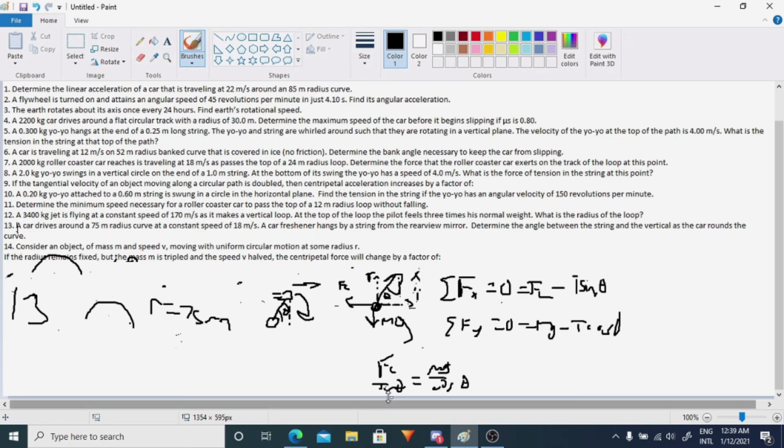Now we can multiply by sine theta on both sides and divide by mg on both sides, and we'll get Fc over mg equals tangent theta.